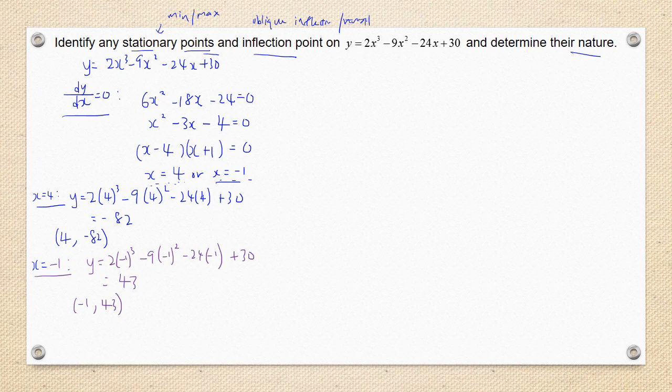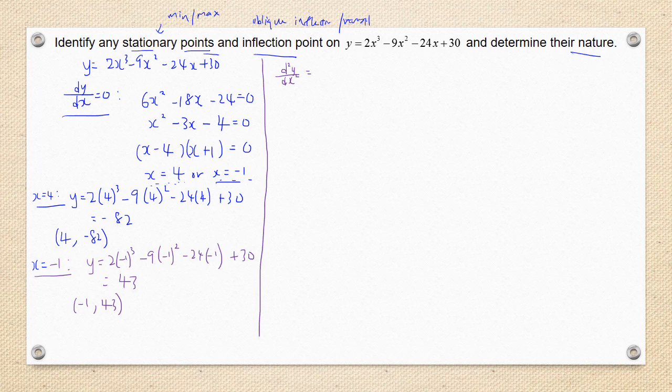So both of these points are stationary points. I want to know which one of these is a maximum point and which one is a minimum point. So now I do the second derivative. Second derivative means that I differentiate the first derivative again.